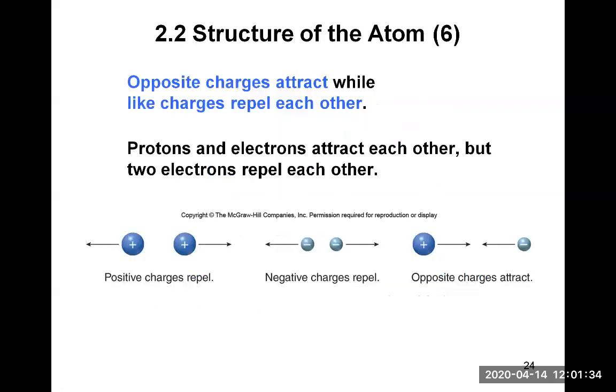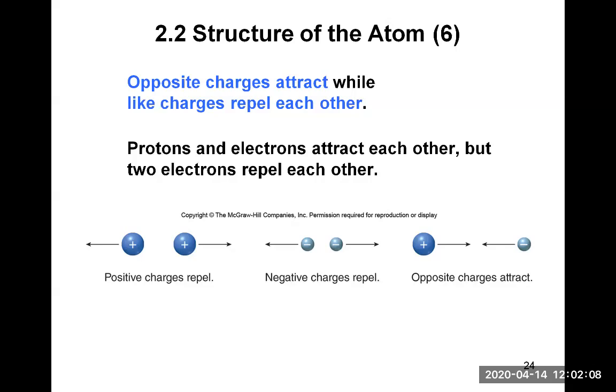So let's talk about charges, because we said protons are positively charged and electrons are negatively charged. There is some basic knowledge you need to know about electrical charges: opposite charges attract while like charges repel each other. A positive charge will be attracted by a negative charge.